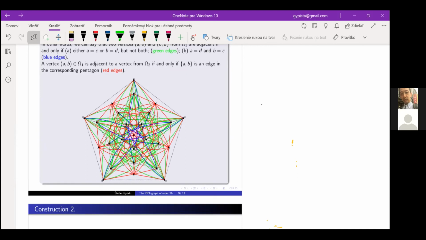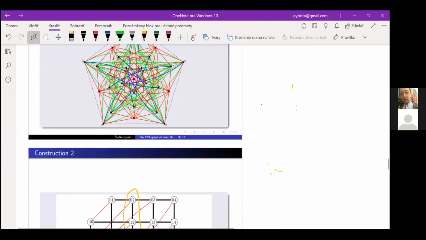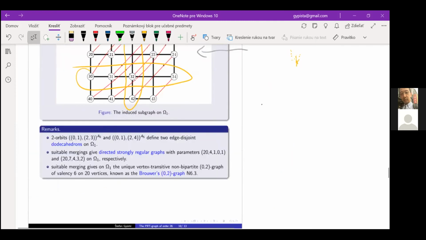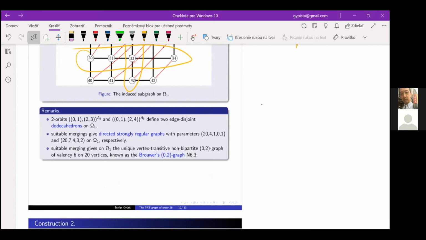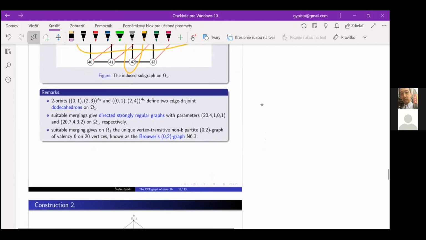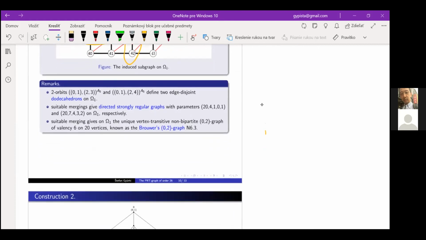So one remarkable thing is that we can obtain actually 2 different dodecahedrons as unions of 2 orbits, and also by suitable merging we can obtain directed strongly regular graphs with parameters which are shown on the slide.